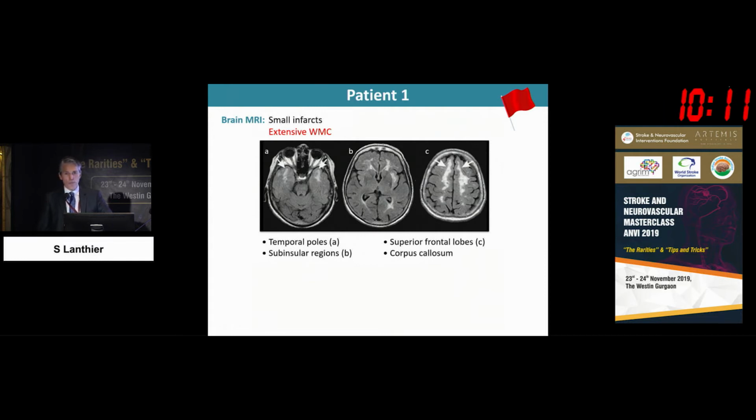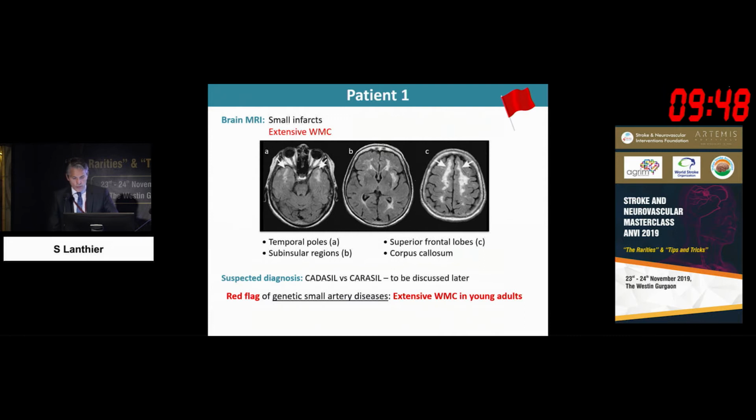This is why brain MRI was requested, and it showed small infarcts and extensive white matter changes affecting the temporal poles, subinsular regions, as well as the superior frontal lobes, as you can see. A diagnosis of CADASIL or CARASIL was suspected, and this will be discussed later.